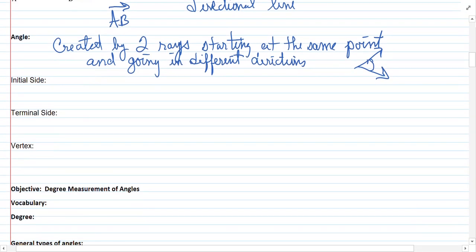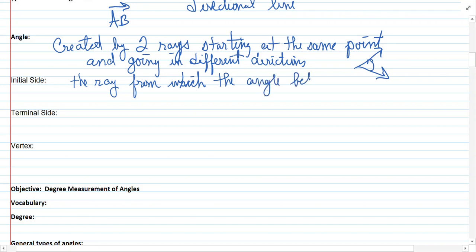So we need to understand references to how to measure an angle. So we have the initial side. The ray from which we measure the angle is called the initial side. So if I have this angle here, I'm making this my initial side.